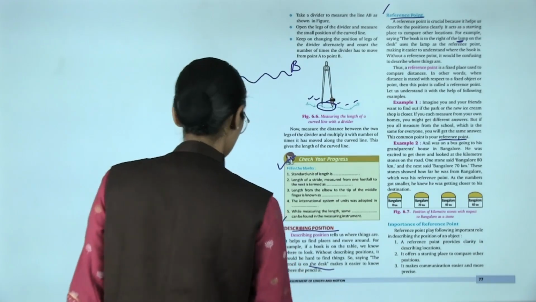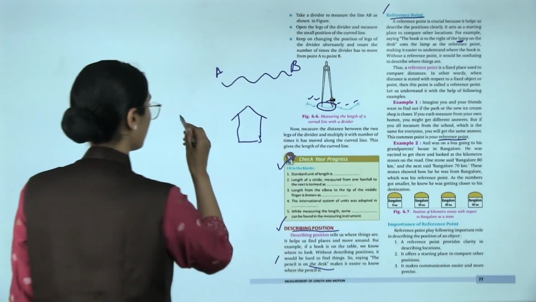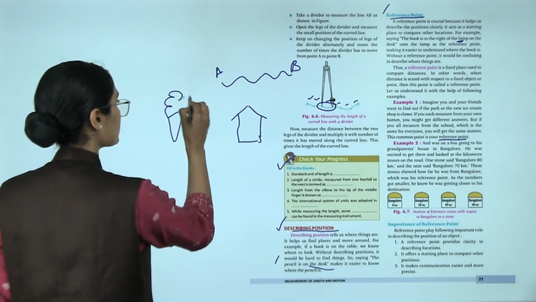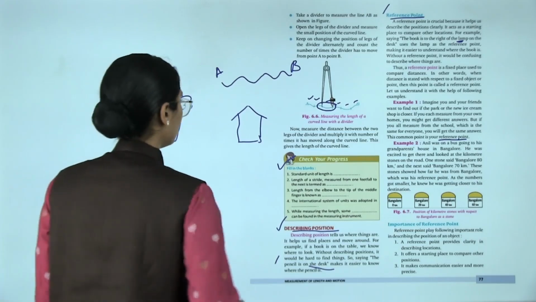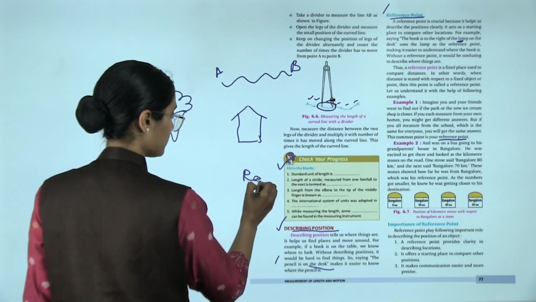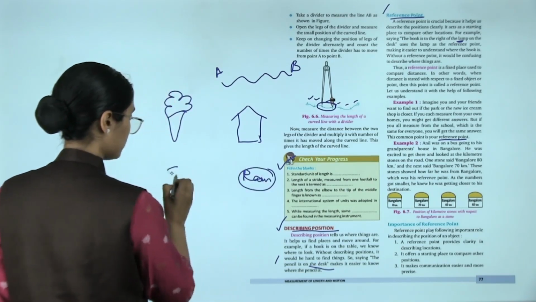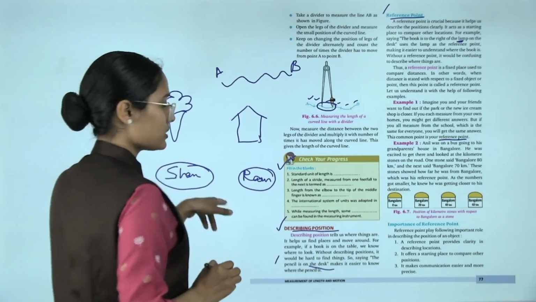So let's say you want to measure the distance of the house and the ice cream parlor, from the house of Ram and Sham, then the distance would be different.